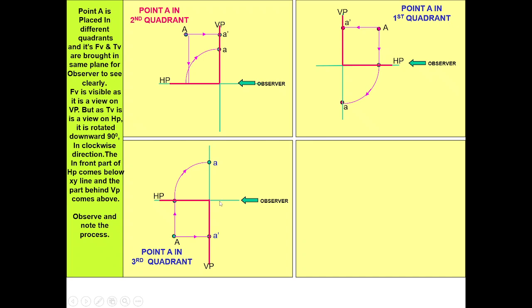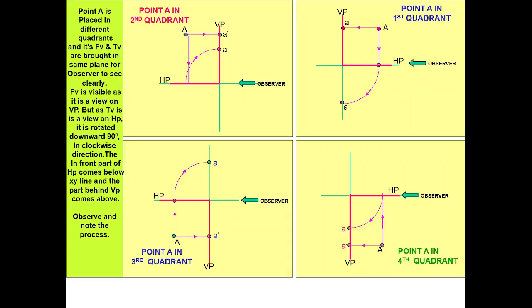In the case of fourth angle, the same situation is there. We get the front view here and the top view here, and once you rotate the top view, it comes onto the same plane, below the XY line. This causes confusion, so we don't use second and fourth angle projection.